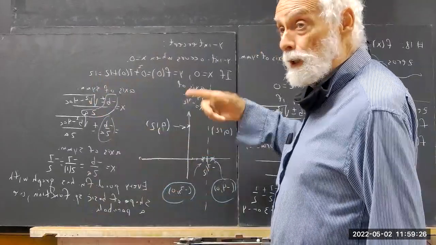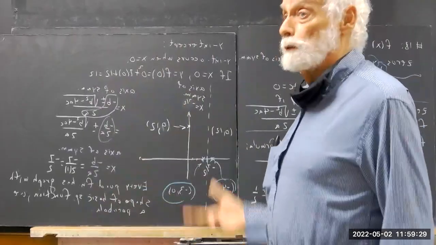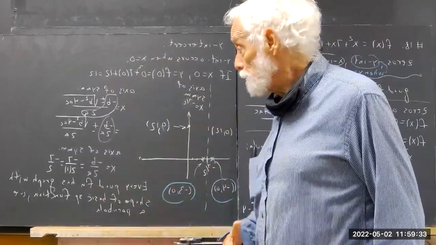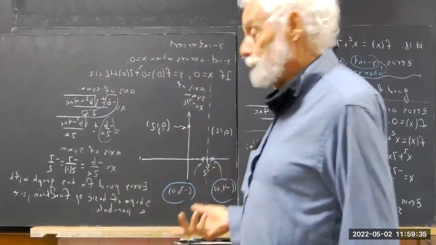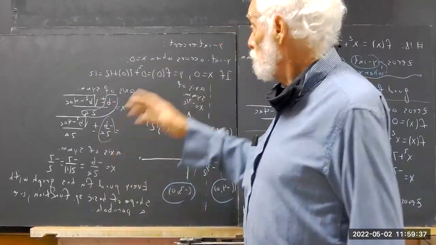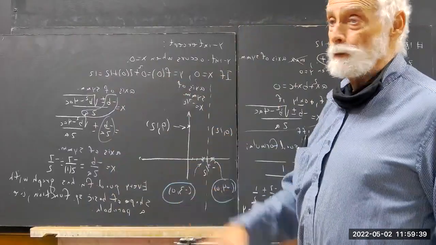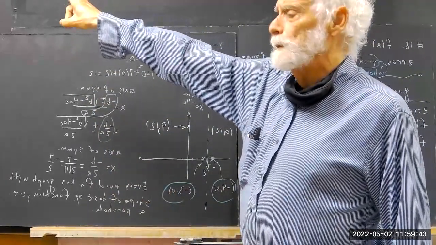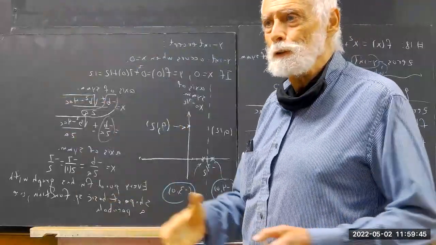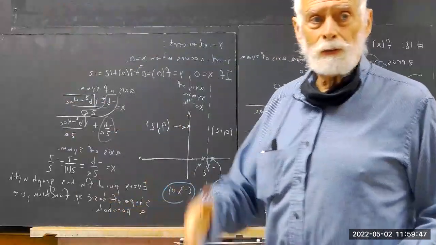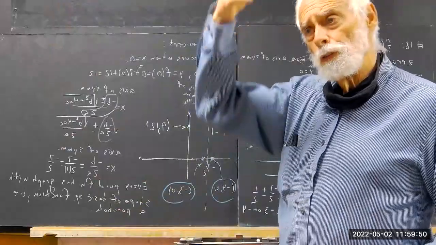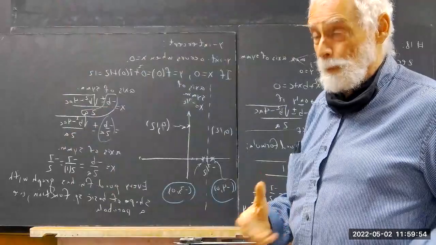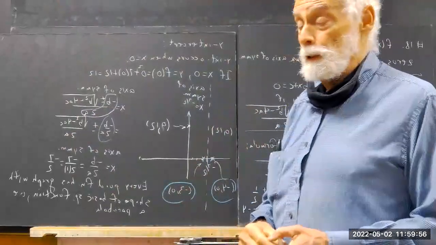Then I commented, you don't want to graph a parabola by making a table, because you're probably going to miss the vertex. For any old quadratic function, the vertex might be way out there. If your table doesn't include points near the vertex, you're going to get something that looks like a straight line with huge values. It's not going to look like a parabola.